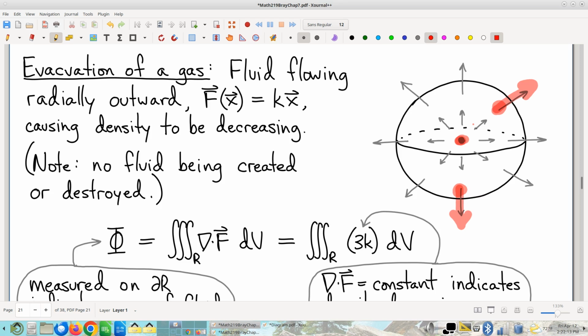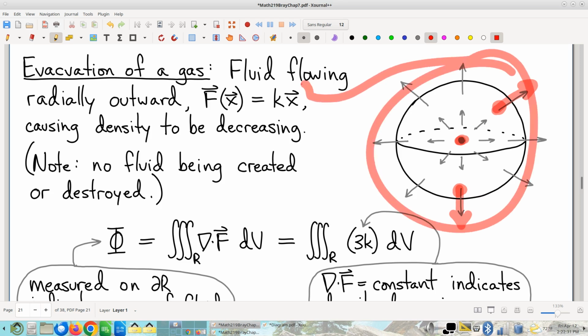So there's no motion of gas right at the center. There's lots of motion if you're out near the edge. In between, it's in between. Altogether, I'm just going to assert this, I think it's pretty believable, that the flow is proportional to the position vector. That's that radial outward vector field that I have drawn there.